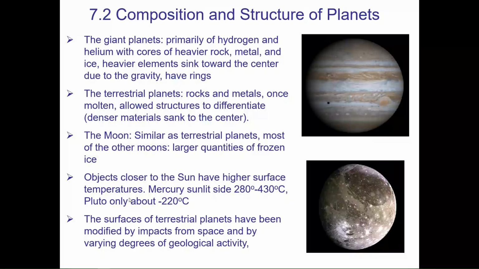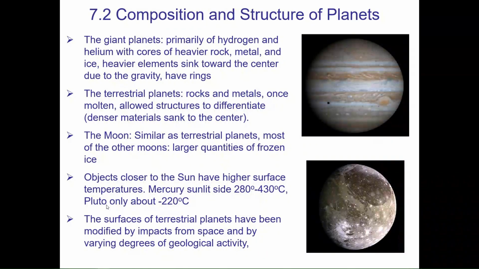Just to give you some examples. The side of Mercury facing the sun can be as hot as 218 to 413 Celsius. So it's very, very hot. But compare that to Pluto, which is even further than Neptune from the sun.